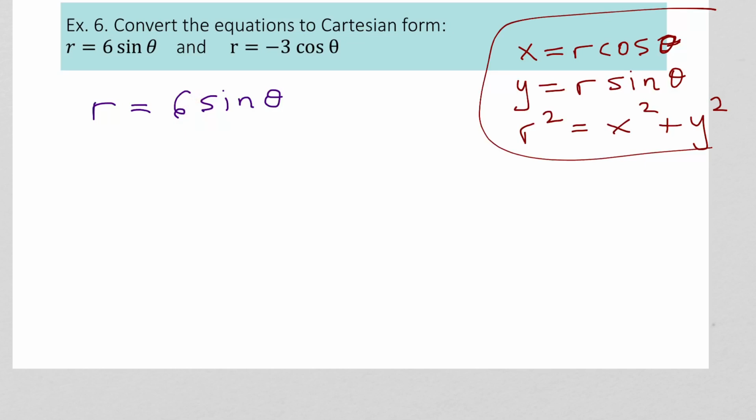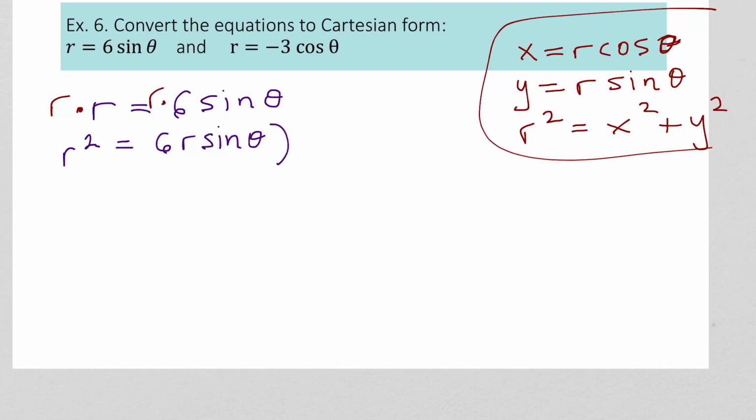So what you simply do is a trick that you would want to know of ahead of time: you multiply both sides by r. So I've got r squared equals 6r sine of theta.